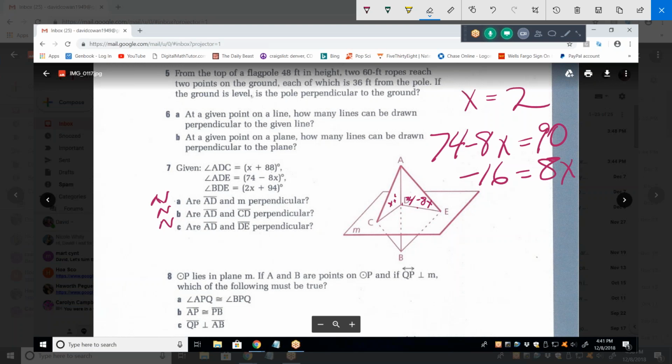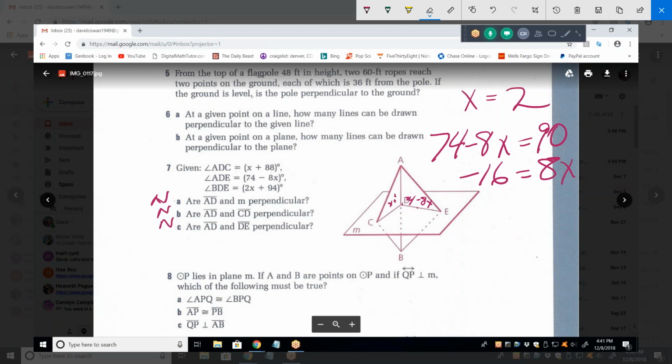I'm not sure. I think the idea here is we're probably supposed to be able to solve for X. And once we solve for X, then we're going to be able to answer all of these questions. Obviously, if X is 2, then A is true, B is false, and C is false.